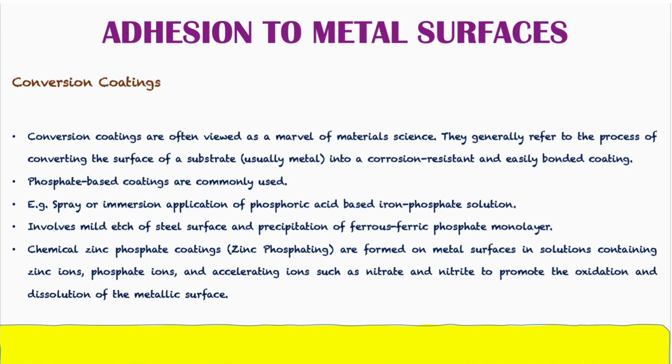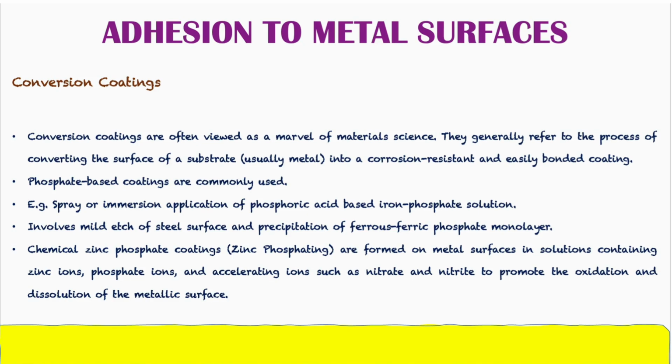So what happens when the substrate is subjected to the iron phosphate solution? A mild etching of the surface of the steel takes place on its application, and a precipitate forms with the composition of a ferrous ferric phosphate monolayer.